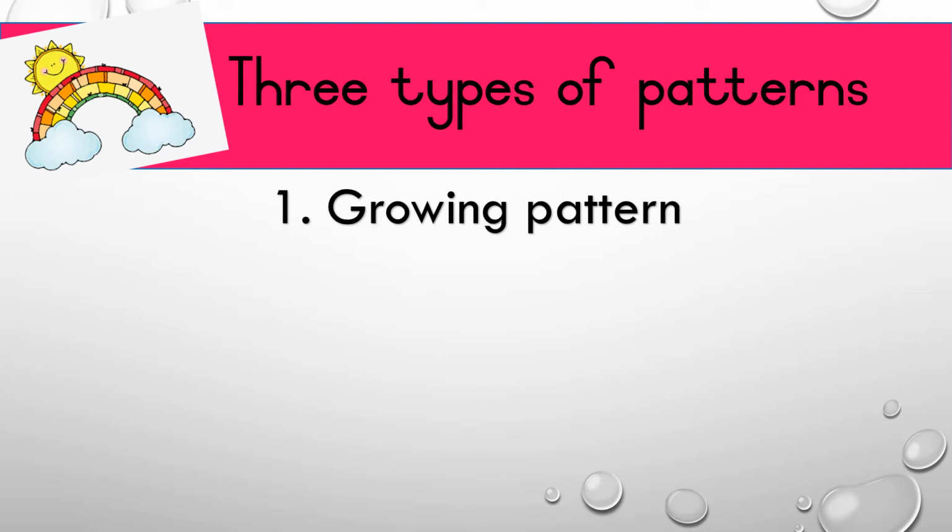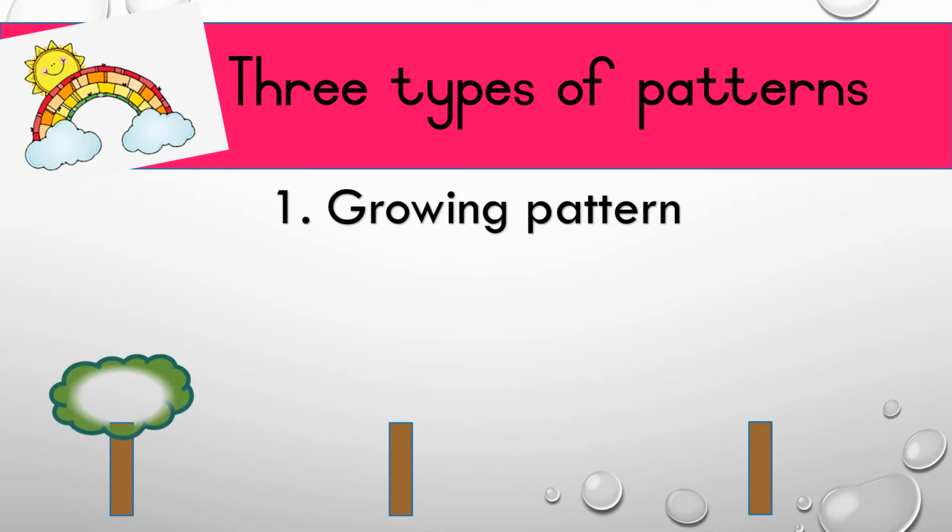Now, what's the first thing that you think of when you think of something that grows? Does this give you an idea? Yes, a tree grows. So a growing pattern grows bigger and bigger every time.